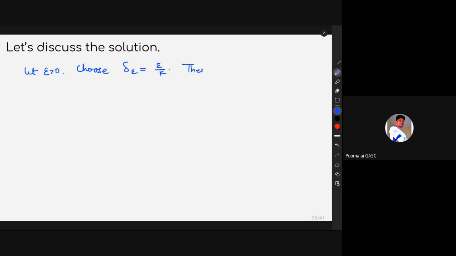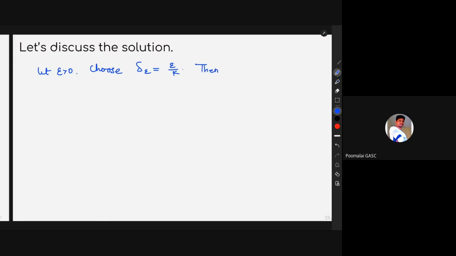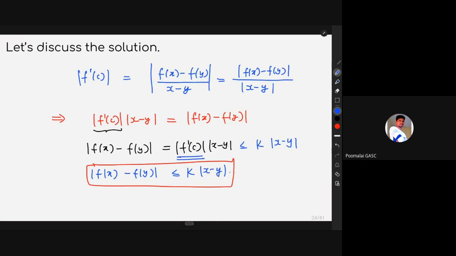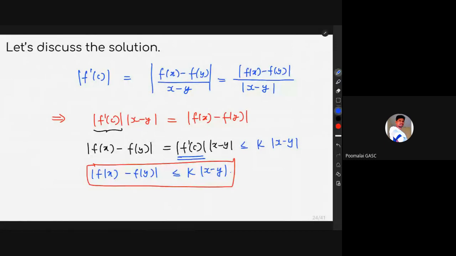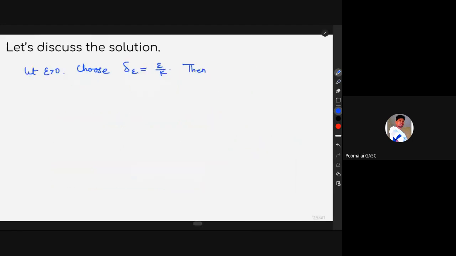Then from the previous box, if I just go back to that previous inequality that I obtained, what do we have? We have the modulus of f(x) minus f(y) is smaller than k times the modulus of (x minus y).